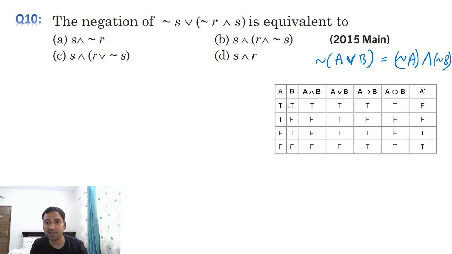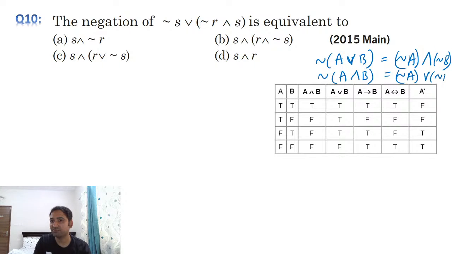The next property we have is negation of A and B is equal to negation of A or negation of B. This is what we have. Clear now? These are the two properties we have in mathematical reasoning. These two properties combined we call De Morgan laws. Let me write it here. These we call De Morgan laws, guys. Very important.